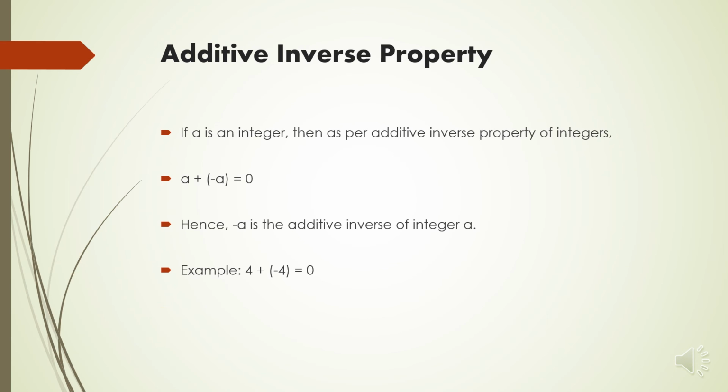The fifth property we will be discussing is the additive inverse property. This property states that if a is an integer, then as per the additive inverse property of integers, a plus negative a should always be 0. Hence, negative a is the additive inverse of a. Example, 4 plus negative 4 is equal to 0.